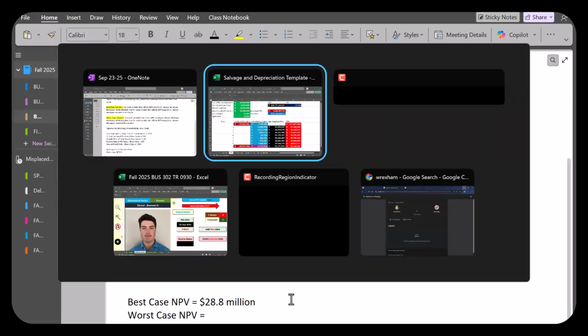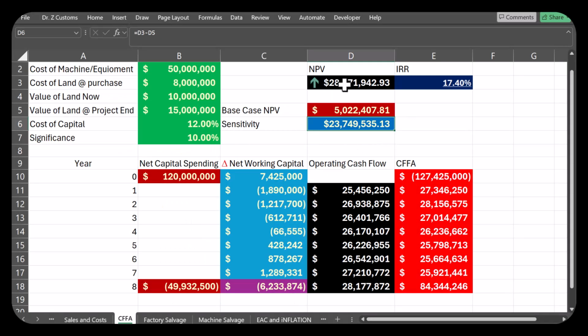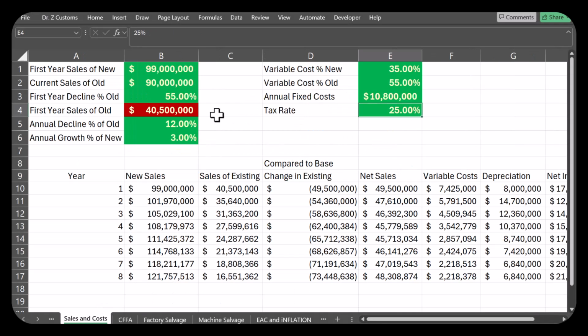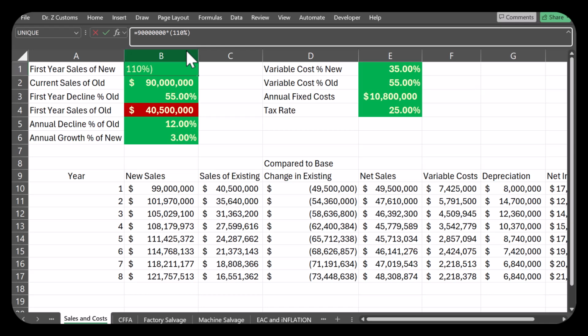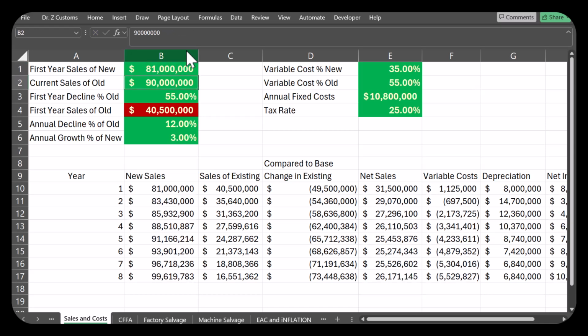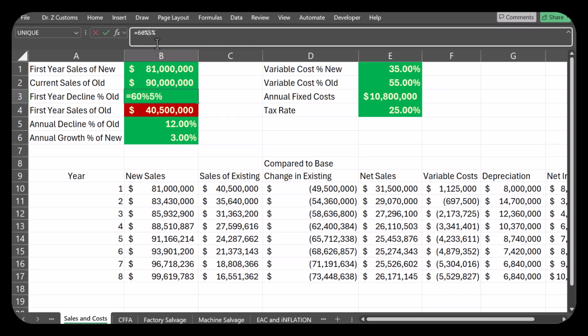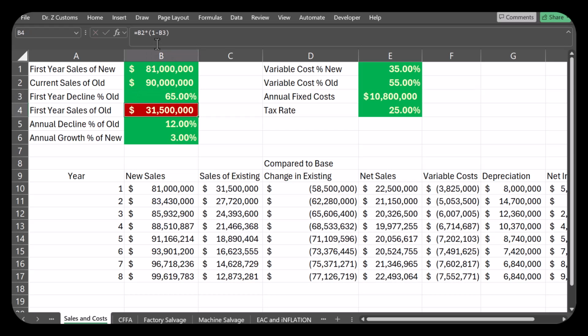Worst case NPV. Now I'm going to change the signs of these. Negative, positive, positive.